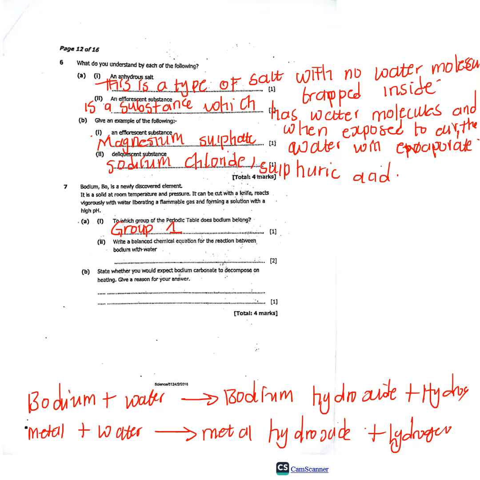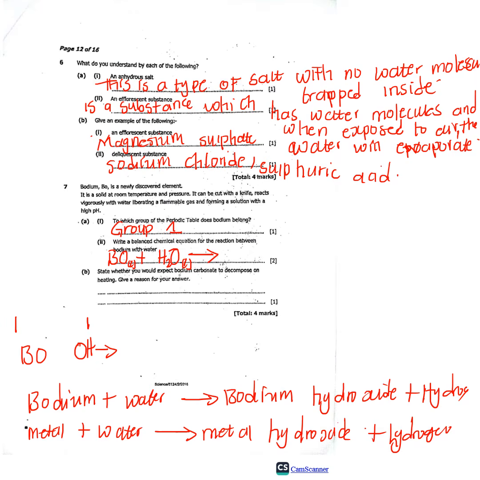Okay, now let's convert into symbols. The first one here, we have bodium, BO, solid, plus water, H2O, liquid. Now the bodium, BO, since we are saying it is from group 1, has a valence of 1. Hydroxide, OH, has a valence of 1.